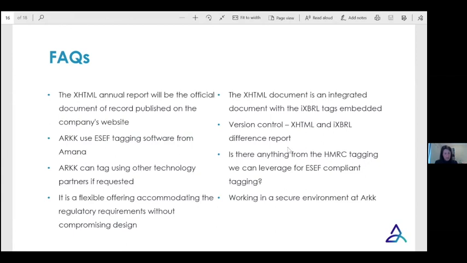I've already mentioned this, but we use ESEF tagging software from a company called Amana, who are a German-based company, and they are a spin-off of some Big Four technology accountants, spun off about 10 years ago. They do a number of different pieces of software for SEC filing and other iXBRL offerings throughout Europe.